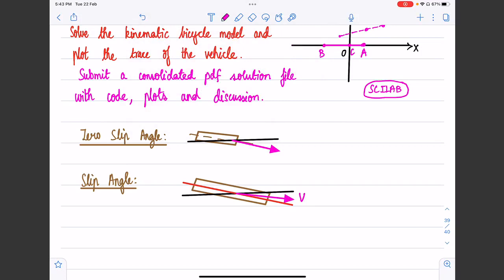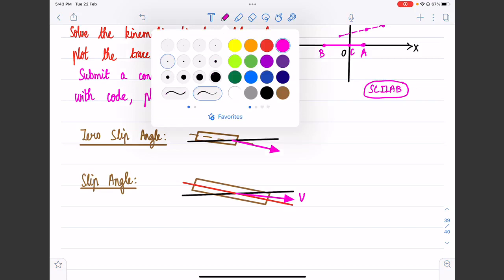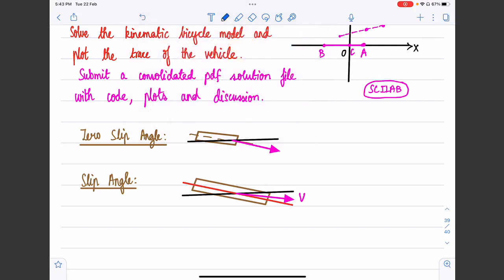It is going to be in a different direction. The angle made by the velocity vector with the central wheel plane is what is called the slip angle, denoted by the symbol alpha.